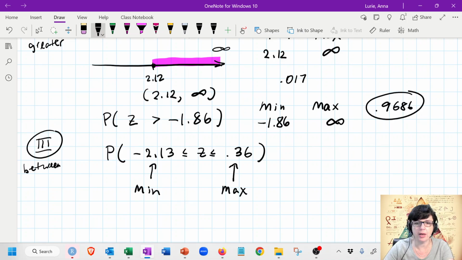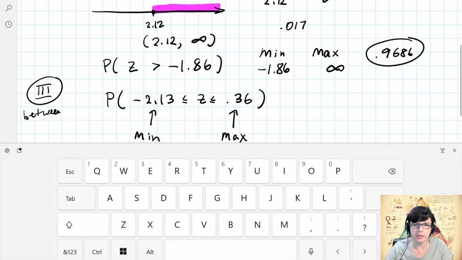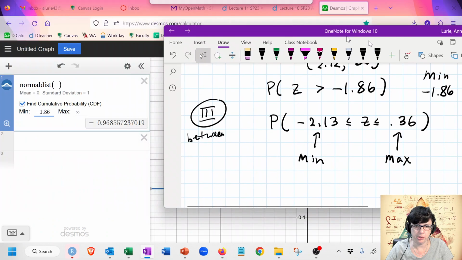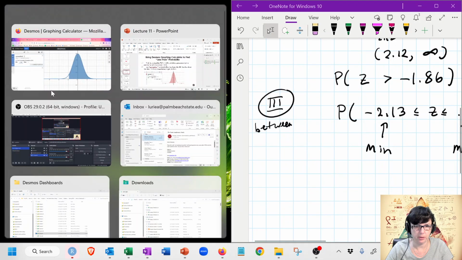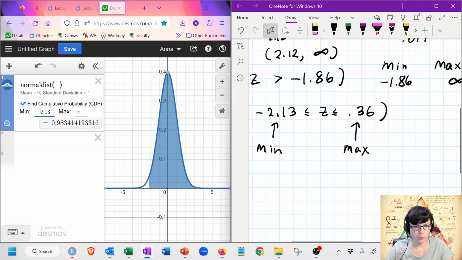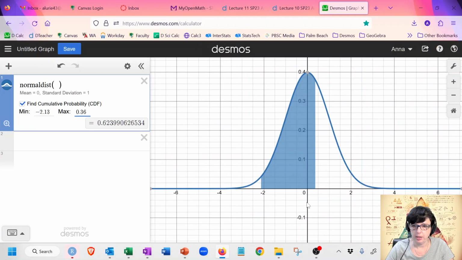Whatever they are, you don't have to worry about the infinity. So let's go ahead and put them in there. I'm just going to have it side by side with the Desmos. For the minimum, we put negative 2.13. For the maximum, we put 0.36. It shades the area for us, and it tells us that this is 0.6240, I guess, if you round that.